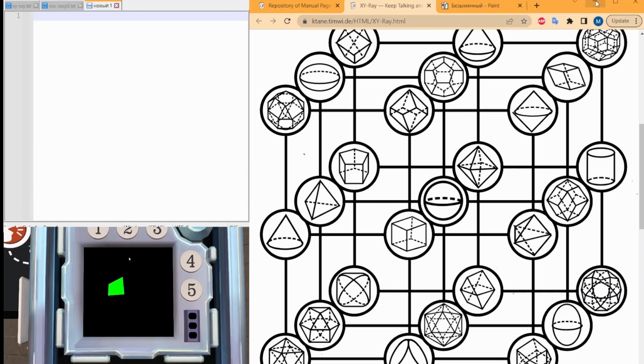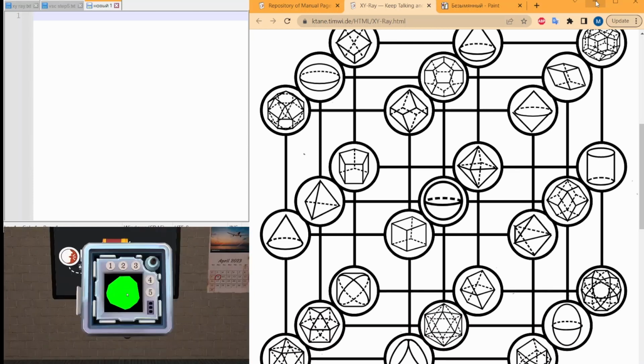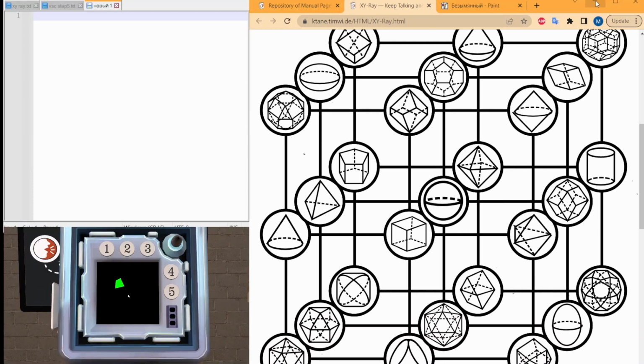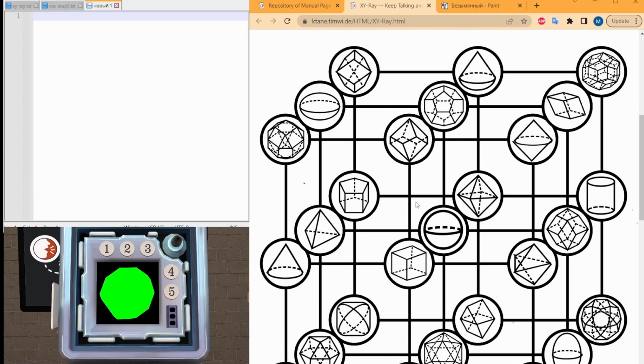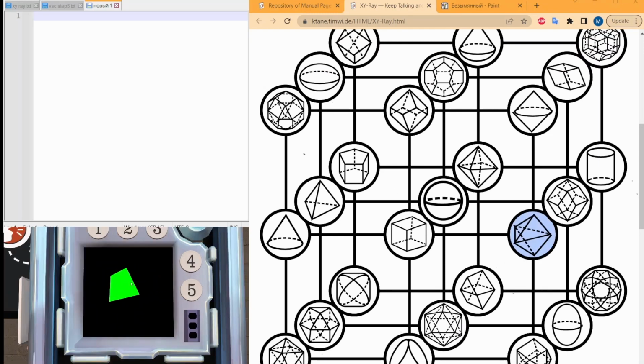One, two, three, four, 5. Seems to have 5 vertices only, which we can confirm in a moment. 1, 2, 3, 4, 5. Yep. Remember, the only shape with 5 vertices is this one. It was easy.